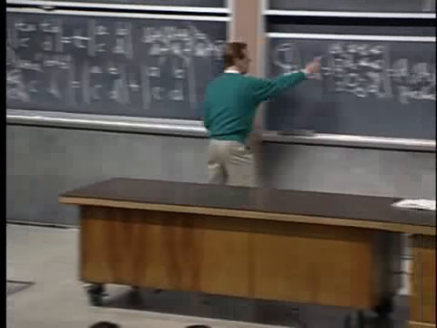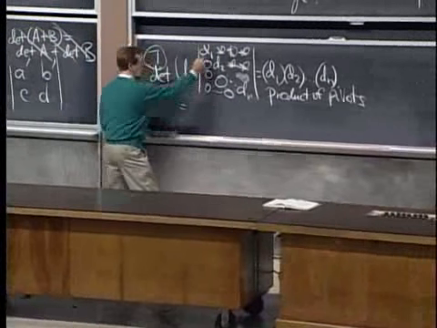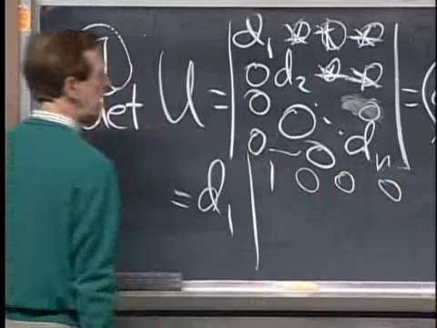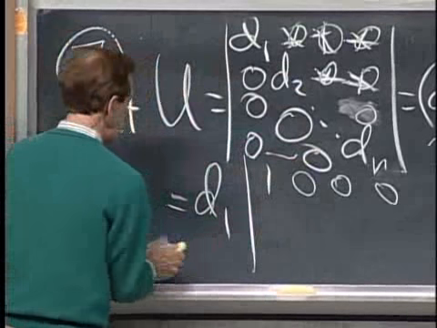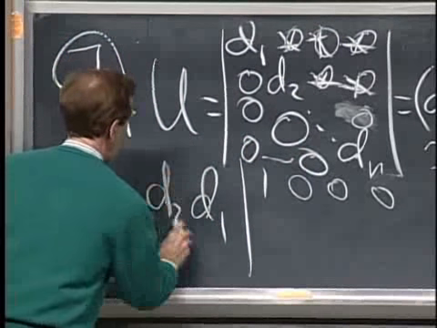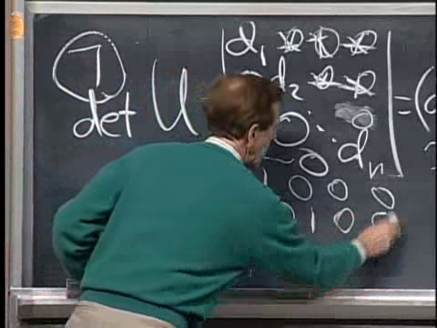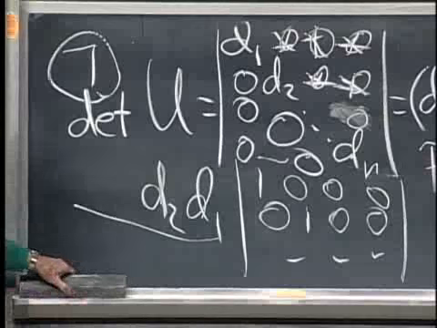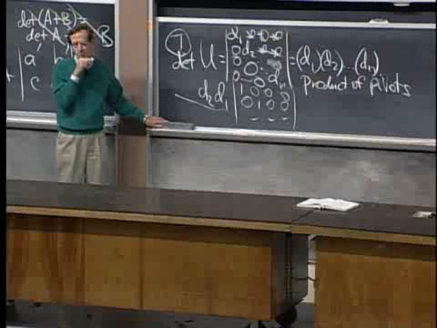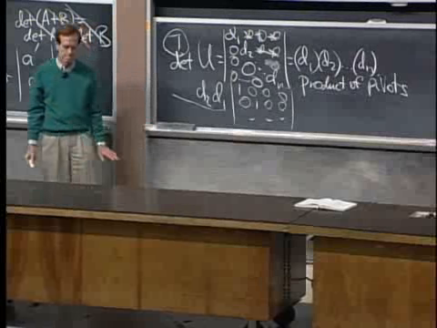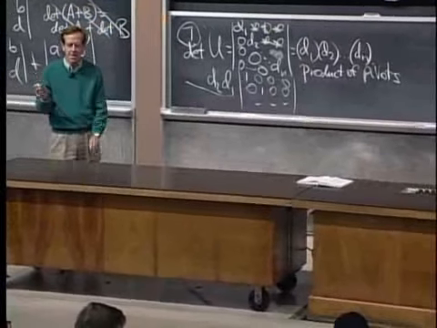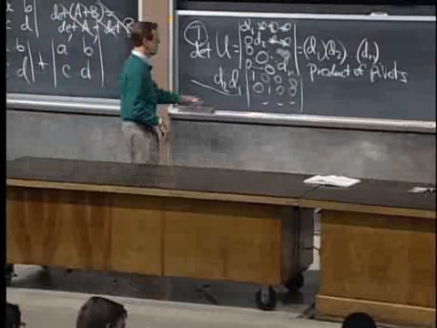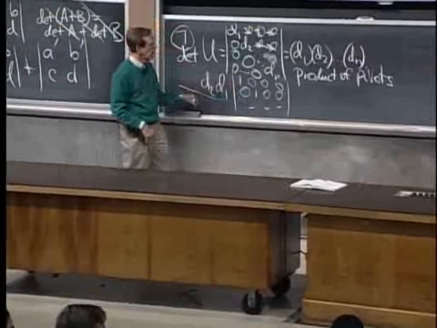I'll factor that d1 out and have 1, and the first row will be that. And then I'll factor out the d2. Can I put the d2 here? And the second row will look like that, and so on. So I factored out all the d's, and what am I left with? The identity. And what rule do I finally get to use? Rule 1. Finally, this is the point where Rule 1 chips in and says that that determinant is 1, so it's the product of the d's.